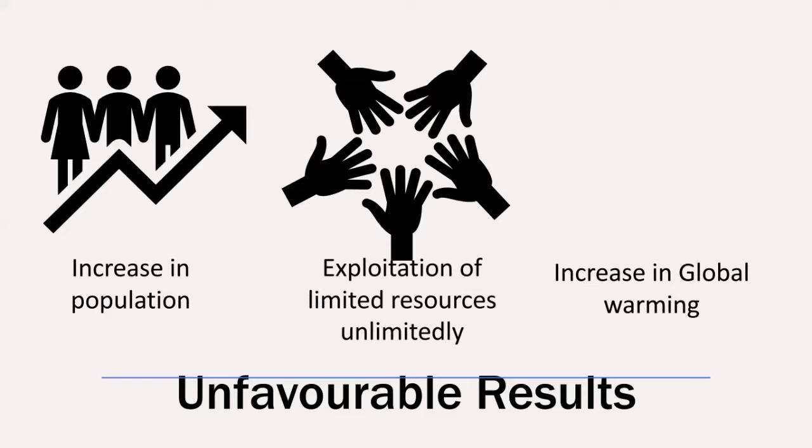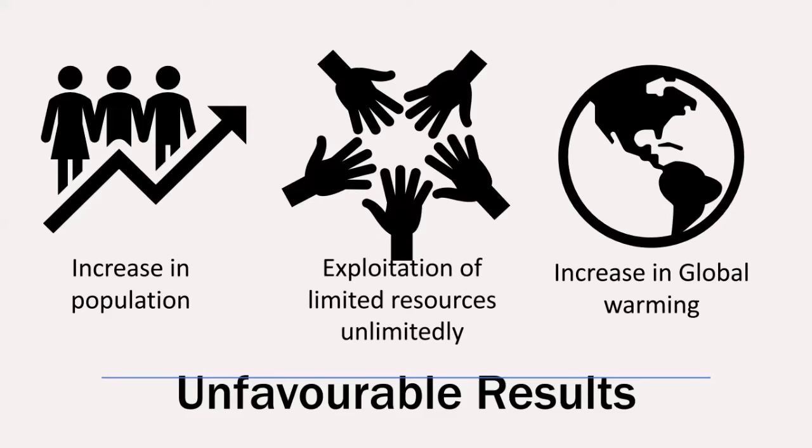Increase in global warming is the number one crisis. Greenhouse gases are considered the major contributor to the increase in global warming. Directly or indirectly, it has become the reason for all environmental problems.